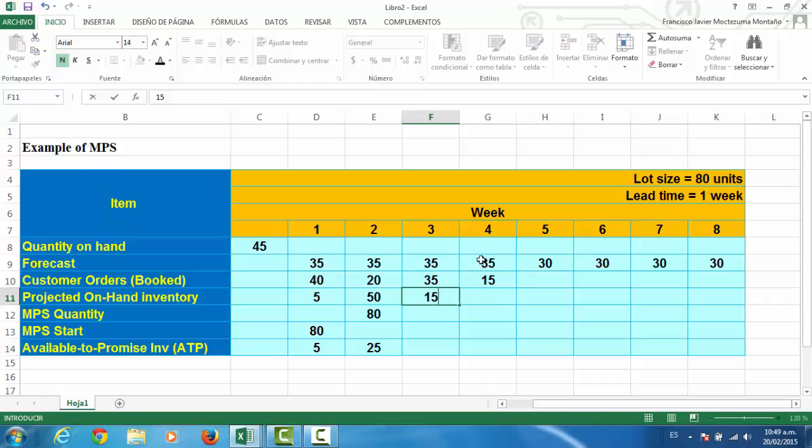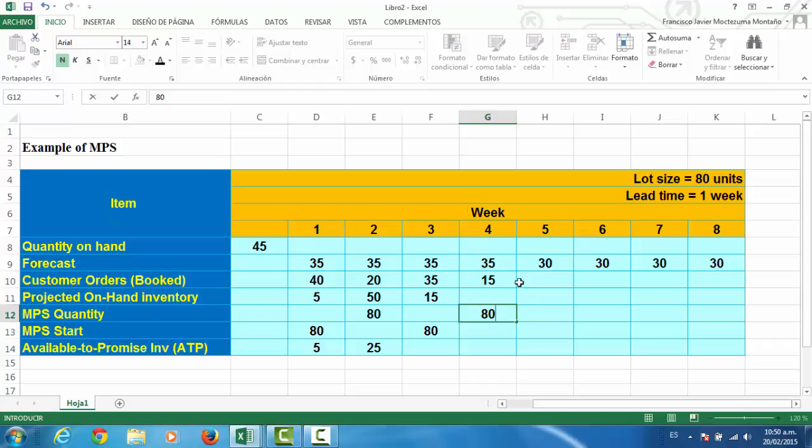Now, for next week, we need to place an order, another lot size, 80 units. We will receive these 80 units on week number 5 because of the lead time, 1 week. And then we have 80 units plus the previous 15 units on inventory, and then we have 95 units.